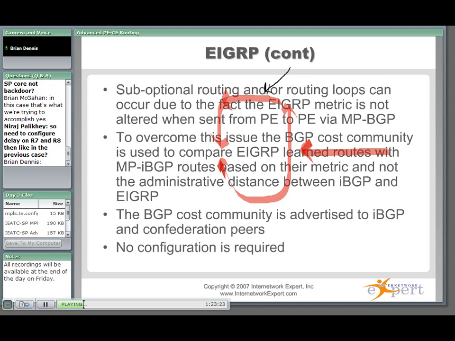Now, once we altered the delay on the link there, the metric changed, so it had the IBGP route, and it was able to compare the two. So all these standard rules about administrative distance and so forth with routing protocols kind of get thrown out the window when we start to do MPLS VPNs, because we need to have this type of behavior.